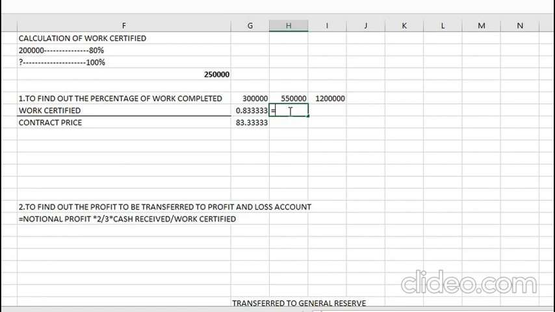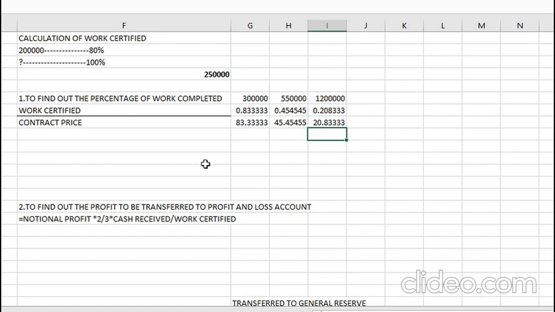Now if your contract price is 5,50,000, work certified, which is 2,50,000, divided by 5,50,000 will give you 0.45, and into 100 gives 45.45 percent. Next, when your contract price is 12 lakh, work certified 2,50,000 divided by 12 lakh gives you 0.20833. Converting into percentage, into 100 gives 20.833 percent.